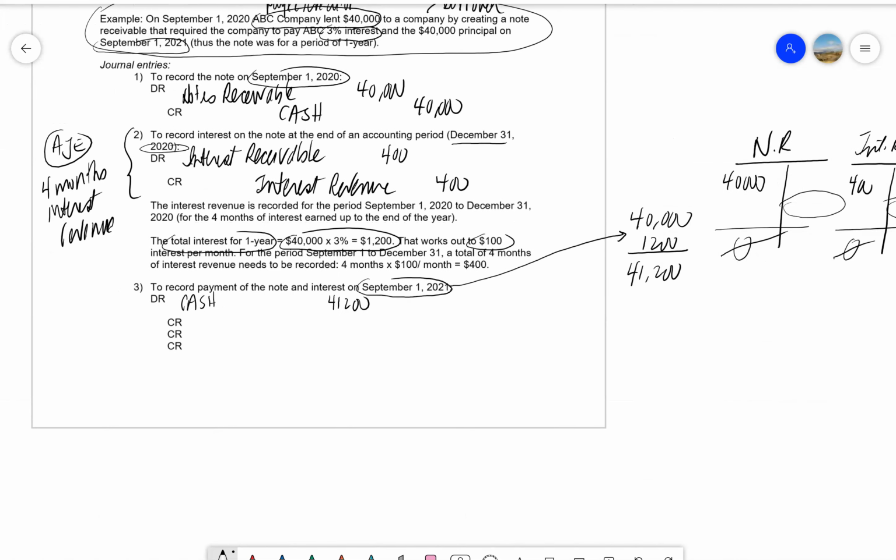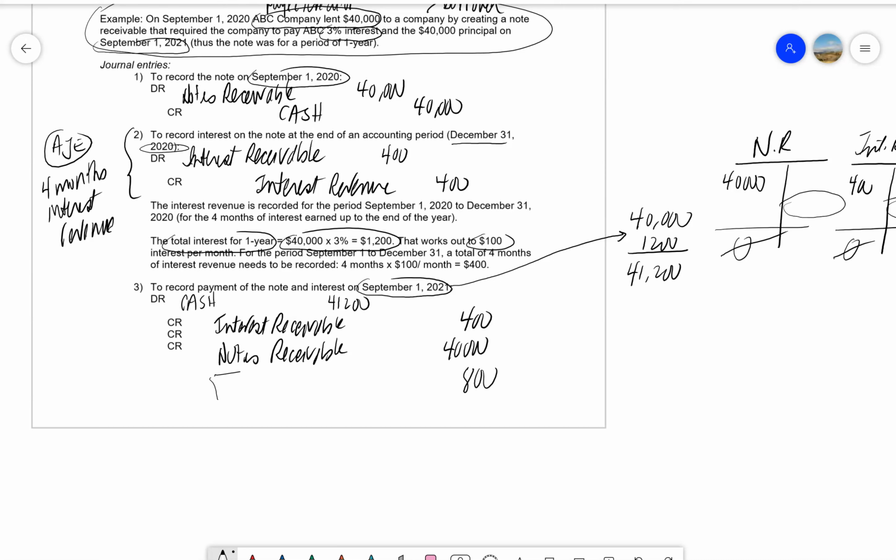So let's add those to our journal entry. We're going to record the interest receivable, credit $400, credit notes receivable, all for the $40,000. But we're still out $800.